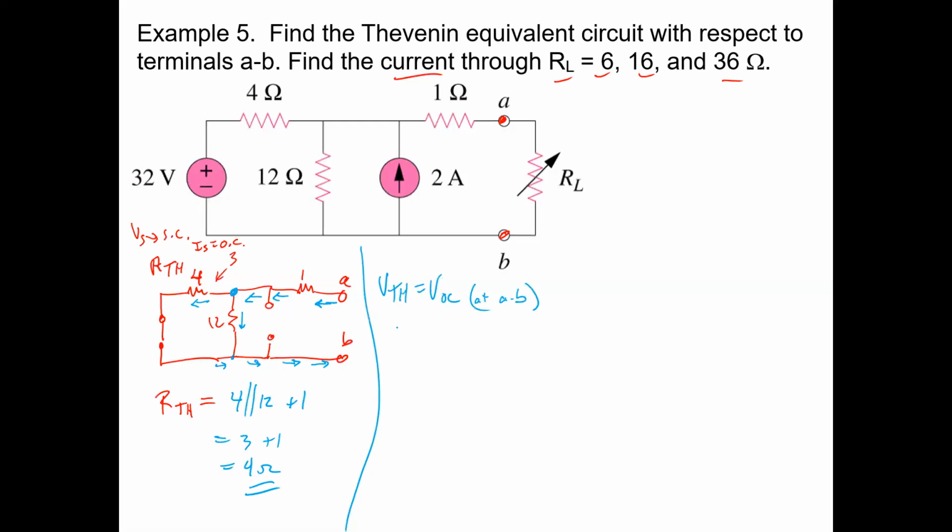So we draw the circuit again. In this situation, we have the sources on, and we've got the 2 amp source.